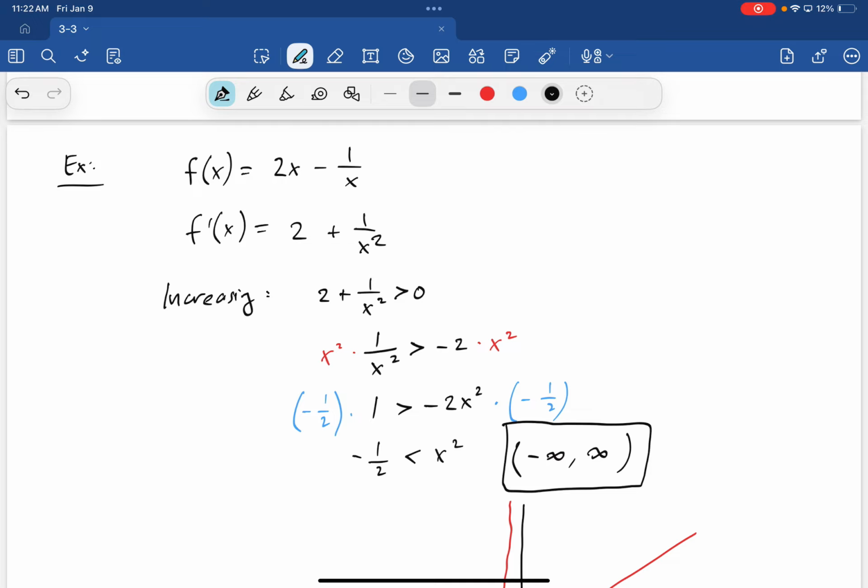That means that this inequality is true for all real numbers, right? Because x squared is always positive.